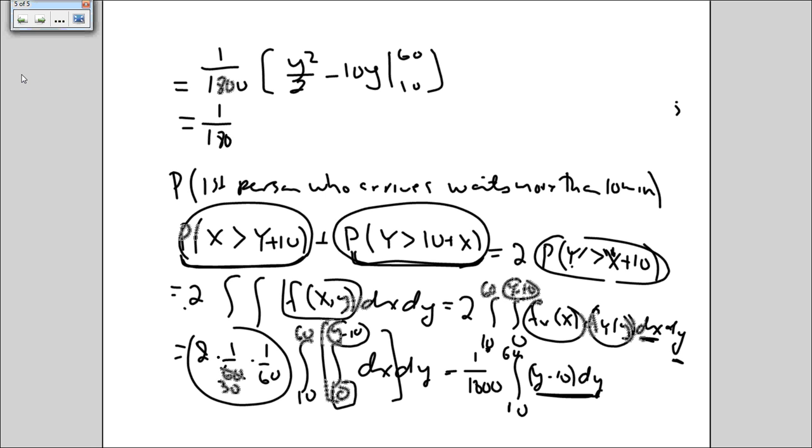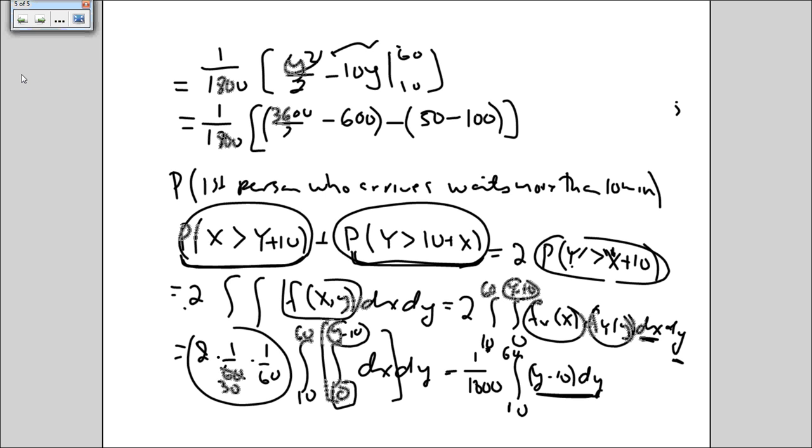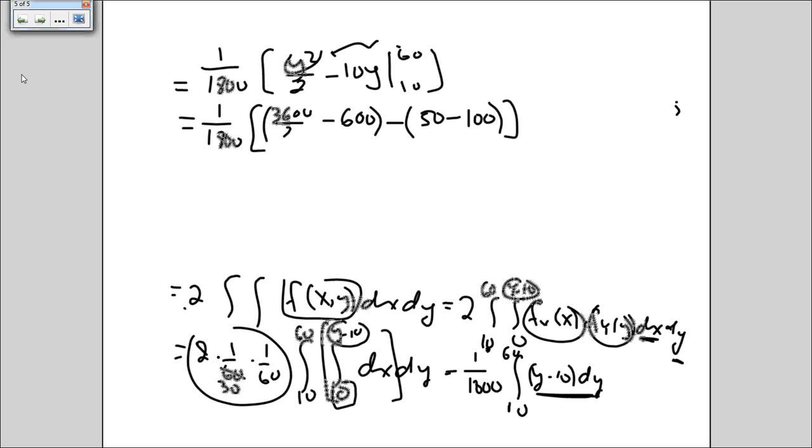Alright. 60 squared is 30, and 10 squared. Okay. That'll be the end of it.